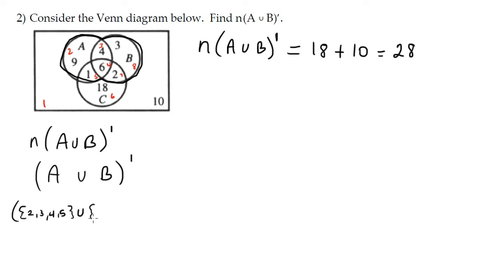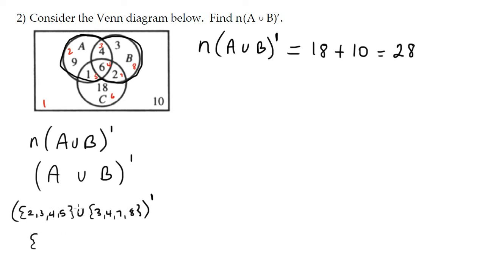And I want the union of that with the regions that are in set B. Set B is the circle here. So the regions in set B: 3, 4, 7, 8. So I'm treating this like a problem where I'm just listing the elements in a set, not necessarily the number. I want the union of those 2 sets, so everything together.